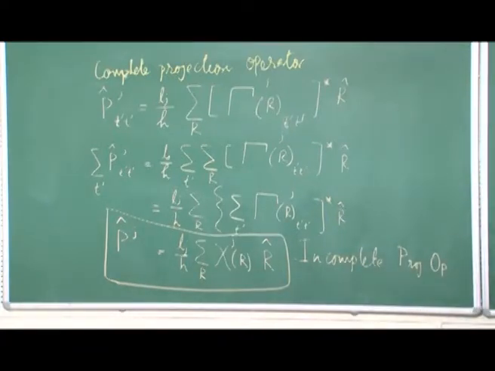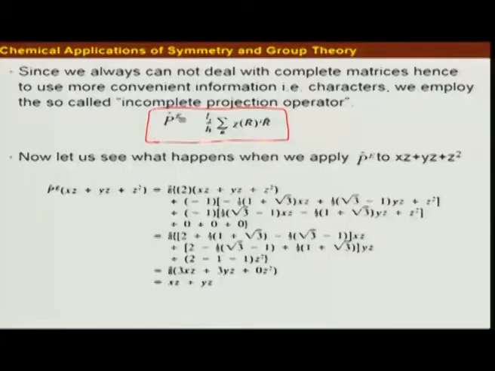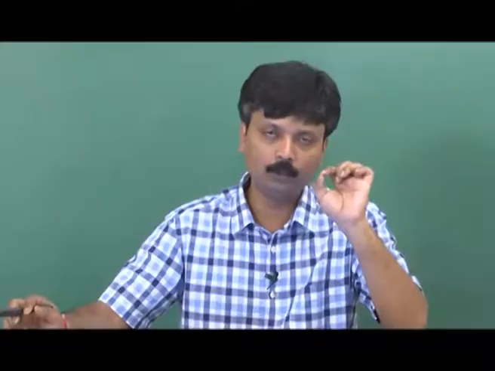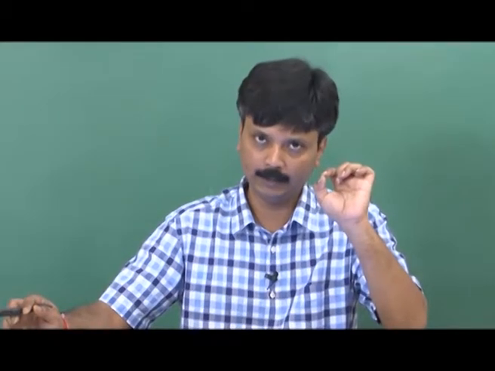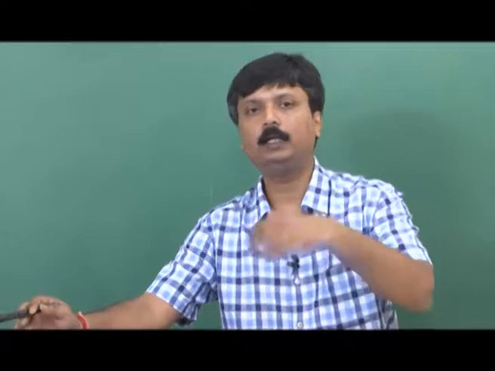So that is what we wrote down here. Now, whatever be the j, on your screen the j is assumed to be E, because in the last class we already discussed the projection operator for the irreducible representation E for the C3v point group. So it can be anything.